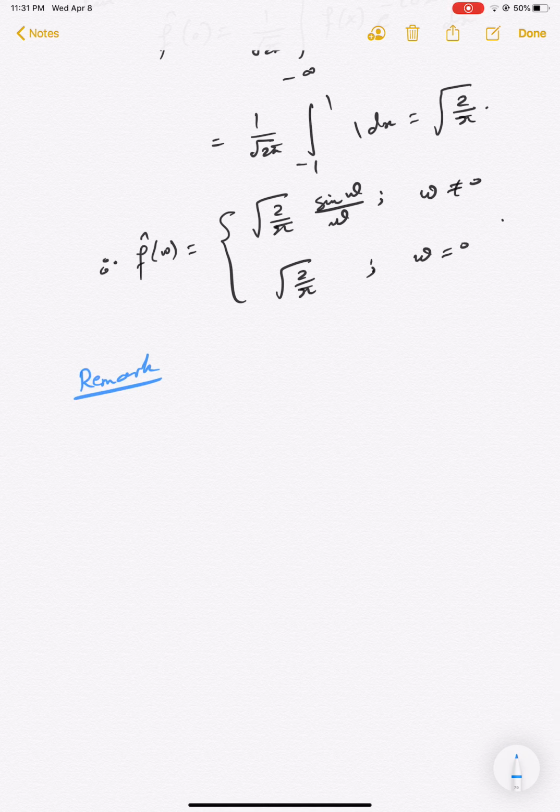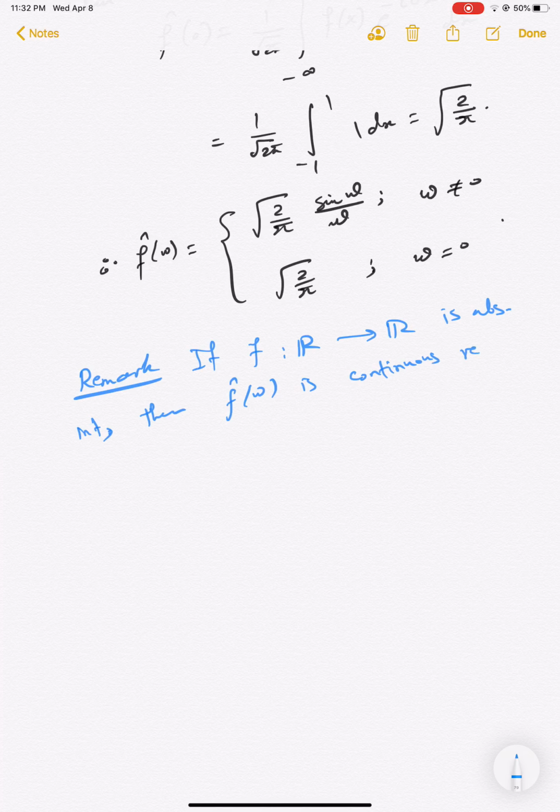Remark: all the time, if f from R to R, so if you have a real valued function, is absolutely integrable, so we've already seen what we mean by absolutely integrable functions, like the one we have, then f hat of omega is continuous, regardless of f. So what do we mean by this statement? This statement tells us, even if you start with a non-continuous function, its Fourier transform must be continuous.